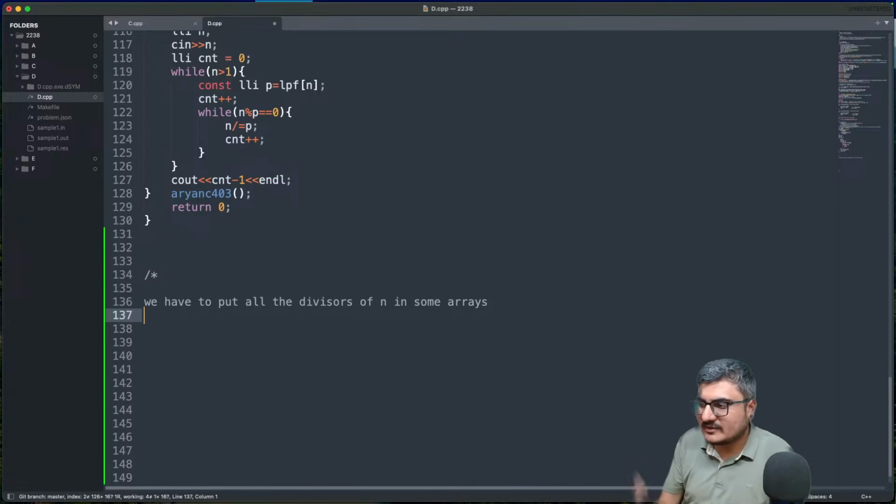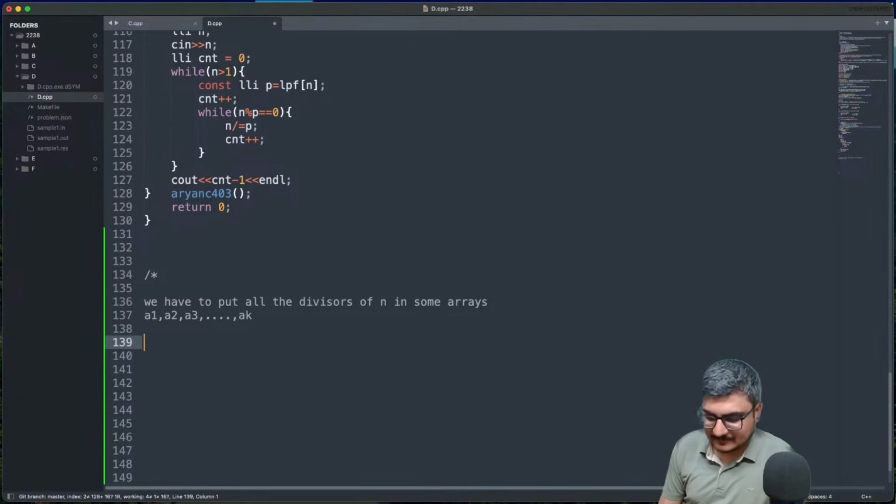We have to put all the divisors of n in some arrays A1, A2, A3, and up to some Ak.